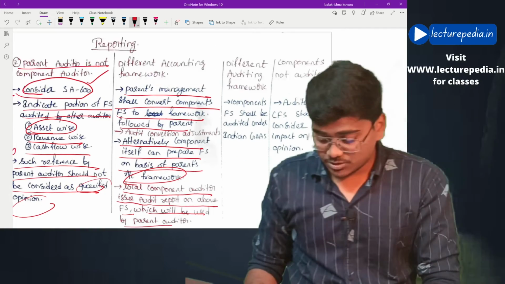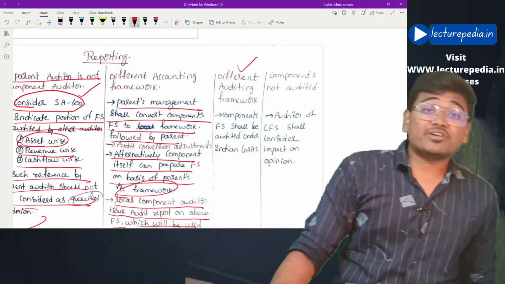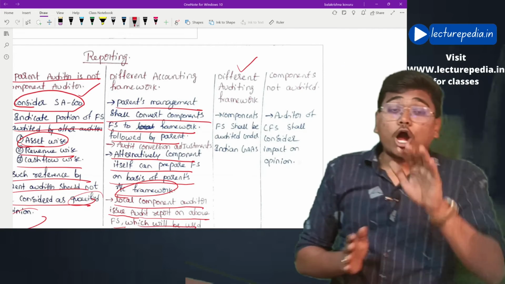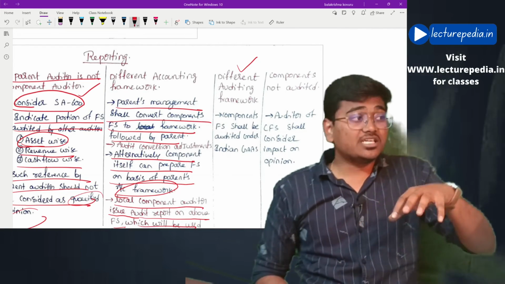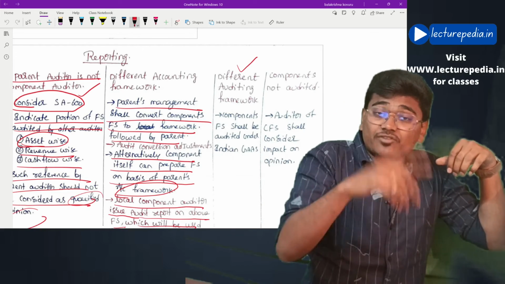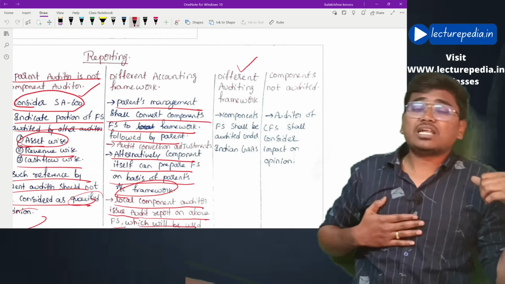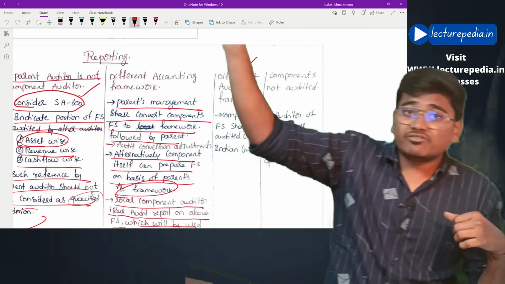Coming to the next situation, auditing framework. Earlier it was accounting framework, now auditing framework. The auditing framework that is being followed by the parent auditor is different from the auditing framework that is being followed by the component auditor, because the parent auditor has to rely on the audit report given by the component auditor.